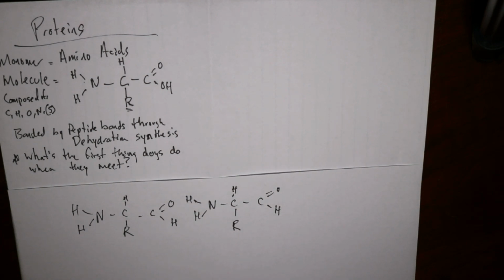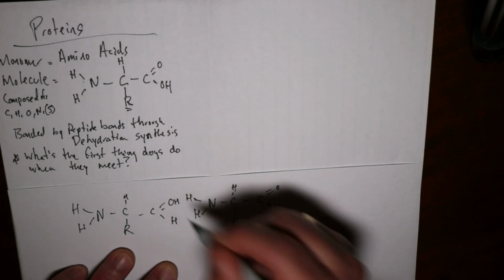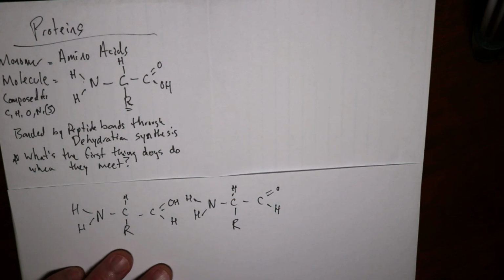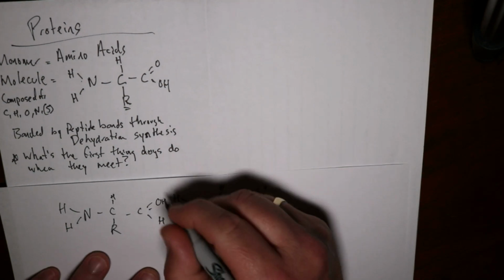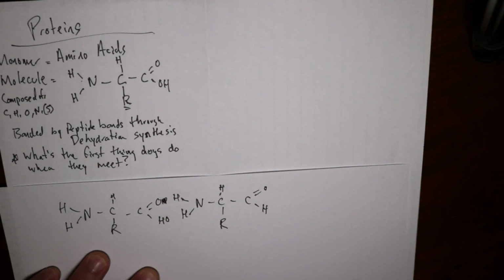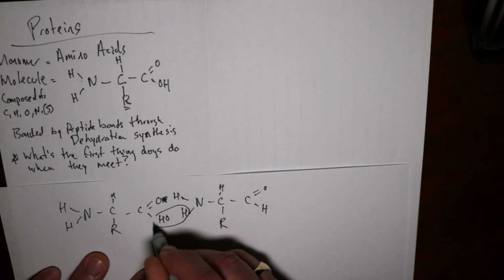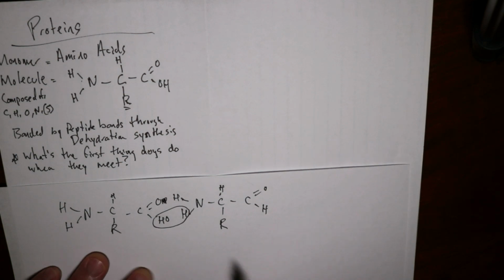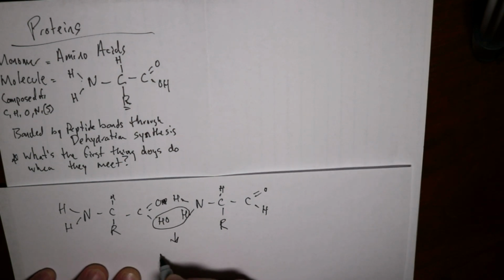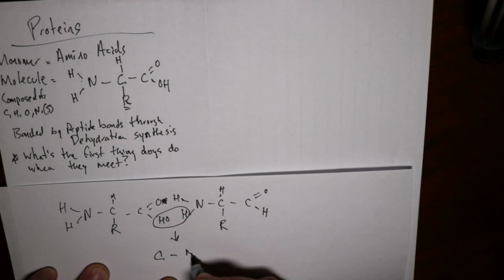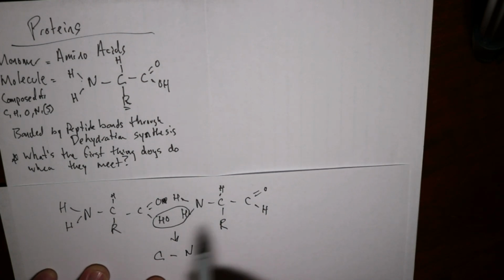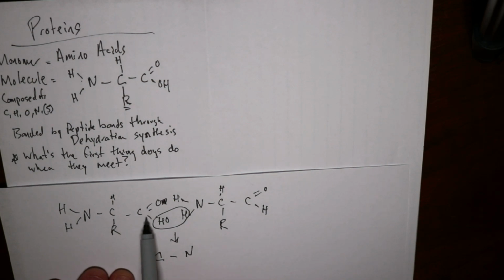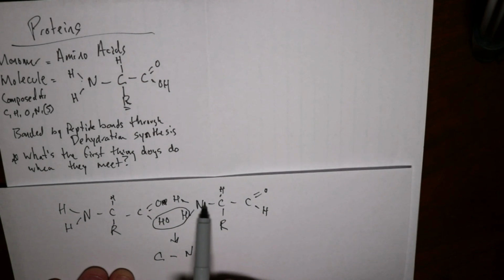When these things bond, I'm sorry, there should be an OH here. Right here is where we get our water. So the bond actually ends up happening between a carbon and a nitrogen, right? So if you remember when we built this, it looked like the head of a dog here, and this would be the tail. This would be the back end of the dog. All right, just throwing that out there for you to remember. That was a little extra for you kids tonight.